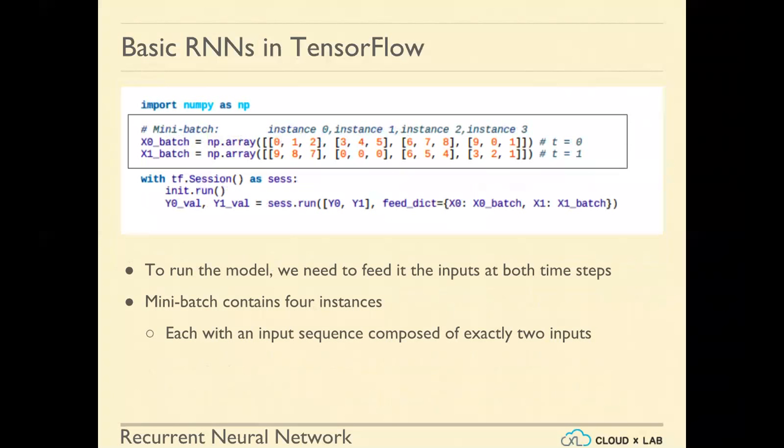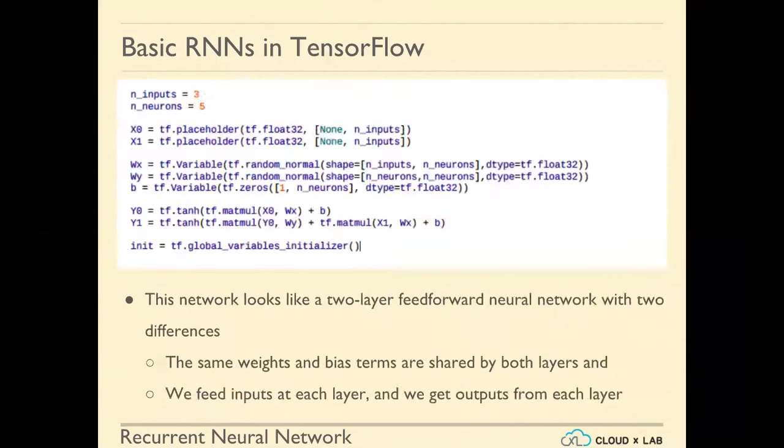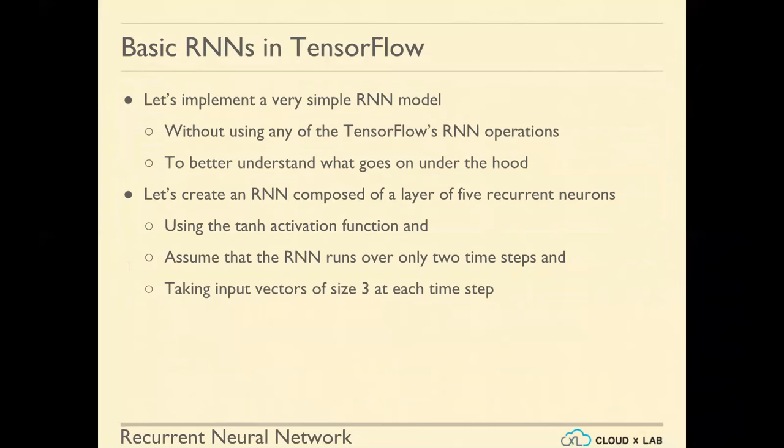So let's input the data to it. A question from Pratik: does this mean that the output of each neuron at time t minus 1 is fed into each neuron at time t?